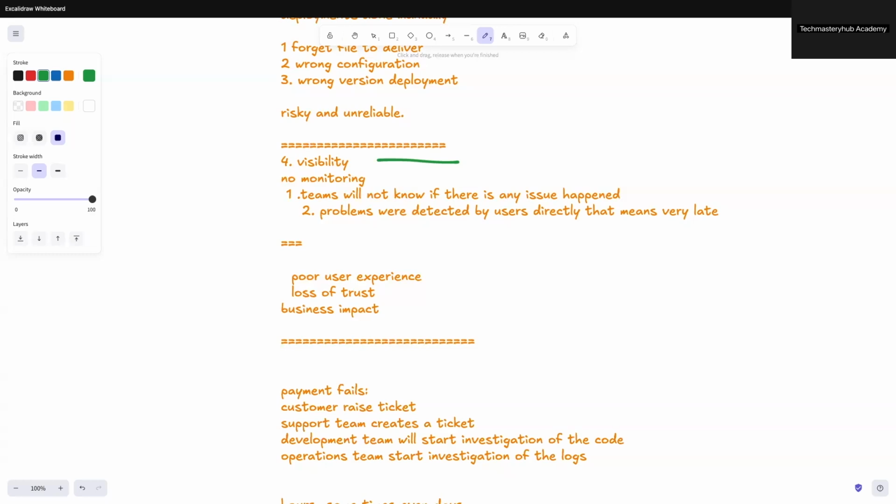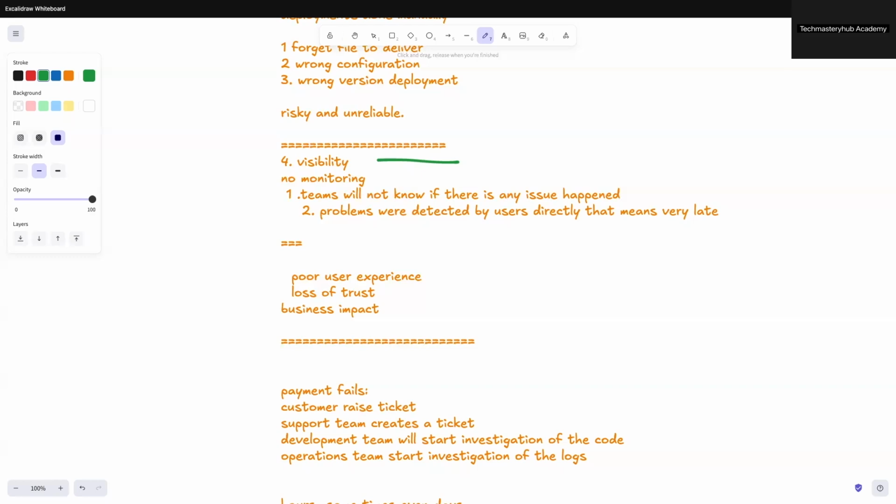In many cases, customers are the first to face the issue and report it. Think about that. Your user tells you your system is not working instead of you detecting it first. And this leads to poor user experience, loss of trust, and it impacts your business as well. So these were the problems in the traditional working style.